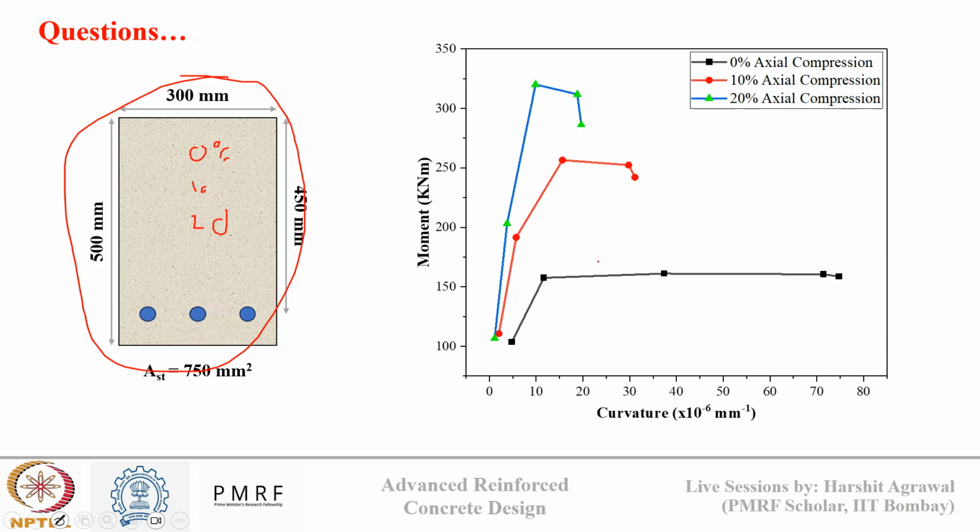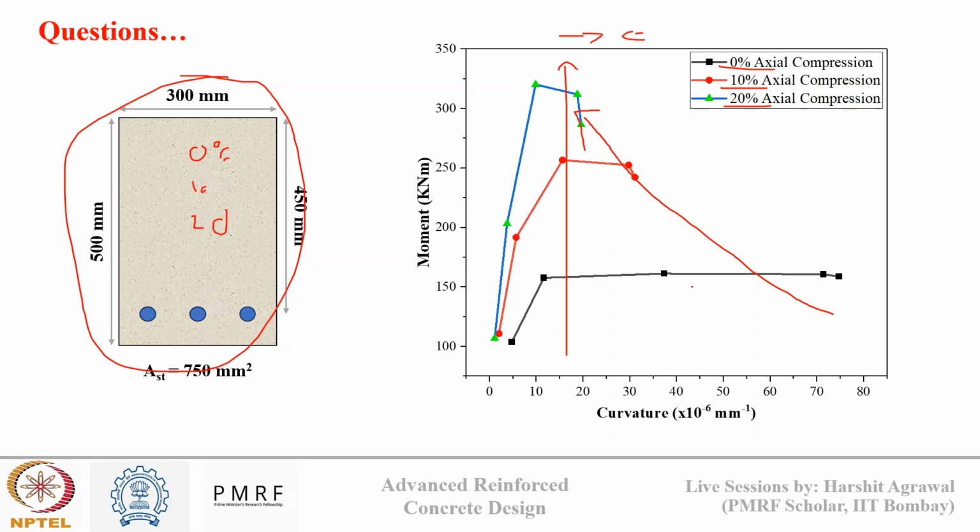So this is for 0%, then the red one is for 10% and the blue one is for 20%. You can see as we increase the axial compression on the concrete, the moment capacity of the concrete is increasing, and the curvature of the concrete is decreasing. Okay, so this is the effect of axial compression.